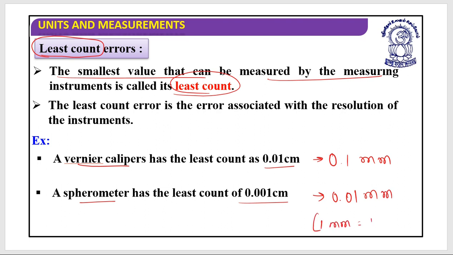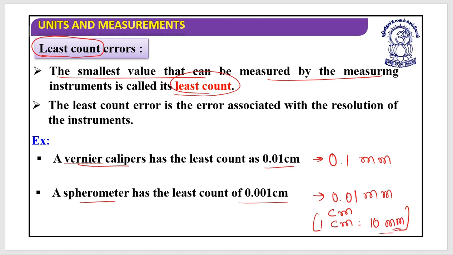Sorry, 1 centimeter should have 10 mm. 1 centimeter is equal to 10 mm.